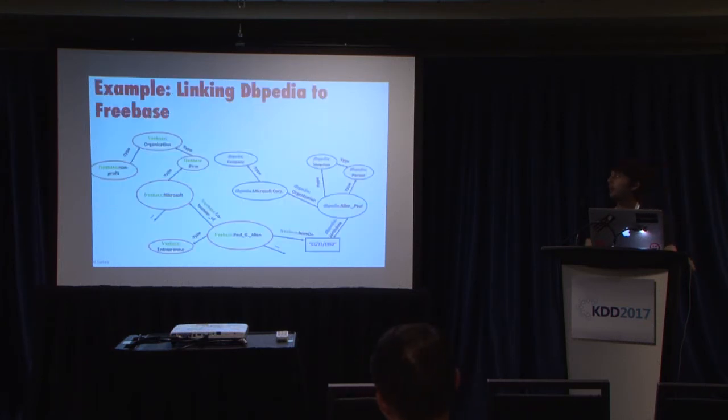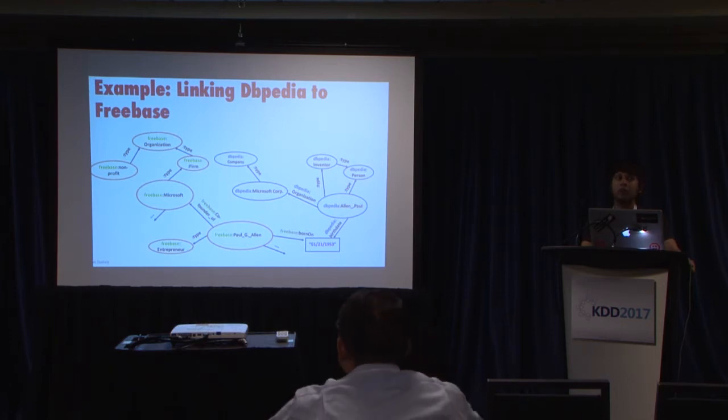So I'll take a generic example. We mentioned Dbpedia earlier, and the graph on the left-hand side is Freebase. Freebase, for those of you who are familiar with it, used to be an open knowledge base. The company that owns Freebase got bought out by Google and folded into the Google Knowledge Graph.